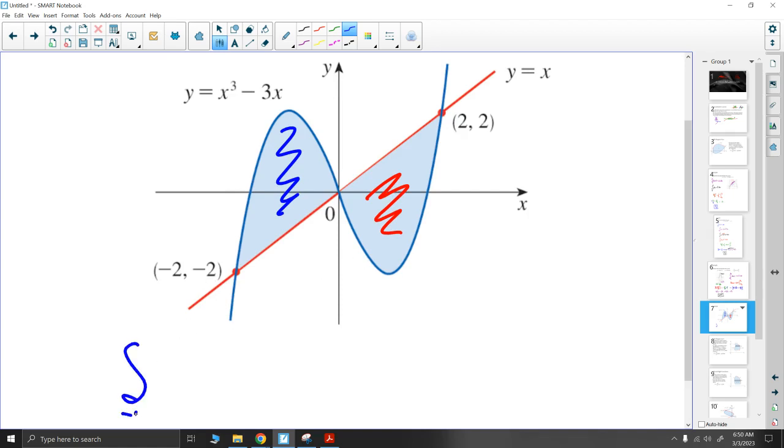The integral from -2 until x is 0, dx, and in that case we're doing the upper function, so that is x cubed minus 3x minus the lower function, which would just be x.